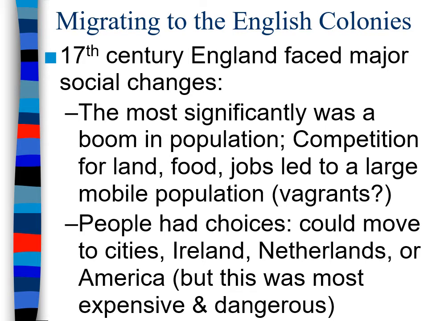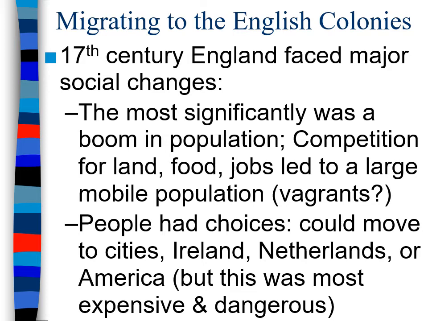There's a lot of disparity and inequality, but people did have choices, especially if you weren't already living in the cities. You had the option to move to those cities to try to find better work, food, jobs, occupations. You could move to Ireland, you could move to the Netherlands, or you could move to America. And so many people took these different options.